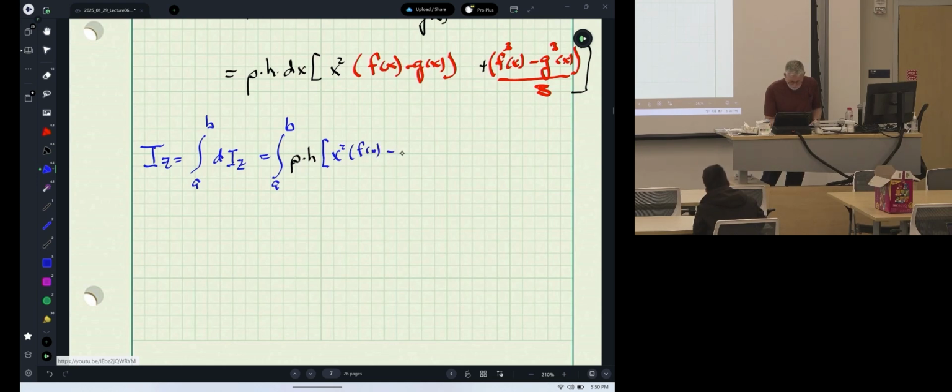And I want you to go home and find a case where you can do this by hand. I'm just kidding, because unless you take a rectangle or something super symmetric, you're not going to do it, okay?